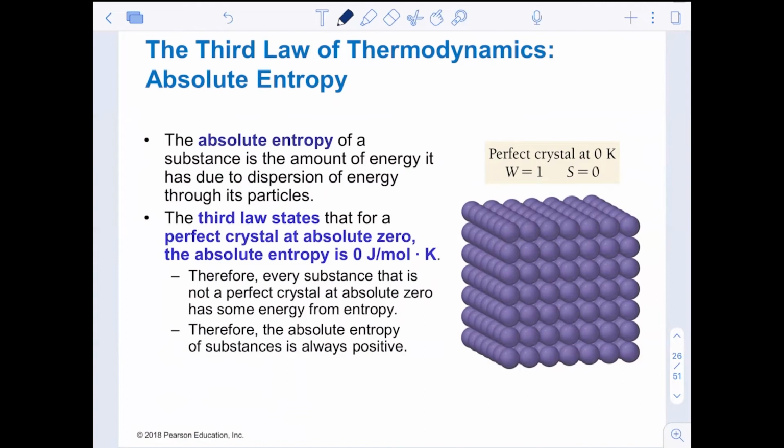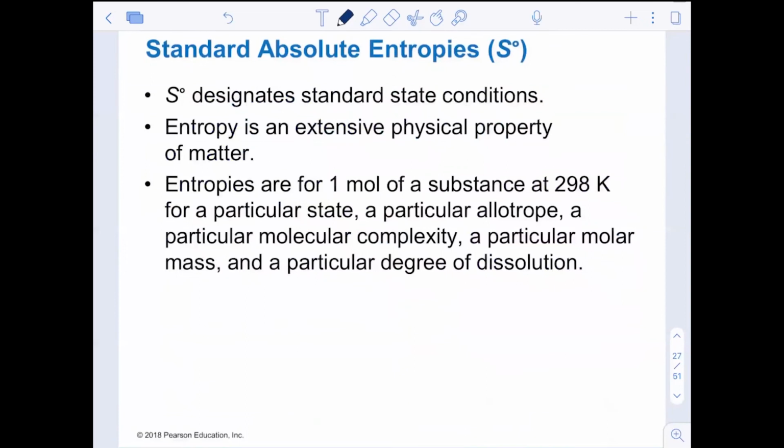And therefore, the absolute entropy of a substance is always positive, because a perfect crystal is the most ordered state that we have for a substance. And that means that anything slightly disordered, anything less than perfect, would have a positive entropy. So standard absolute entropies are positive.